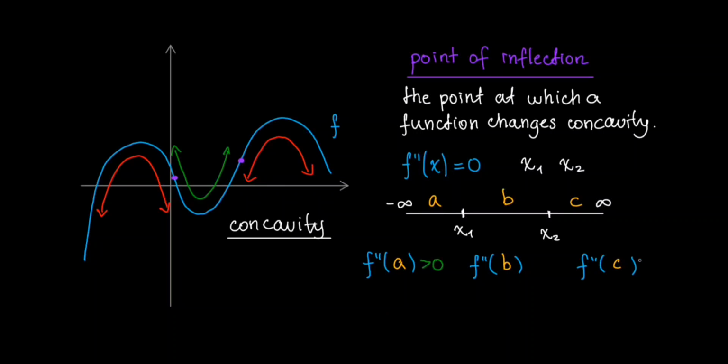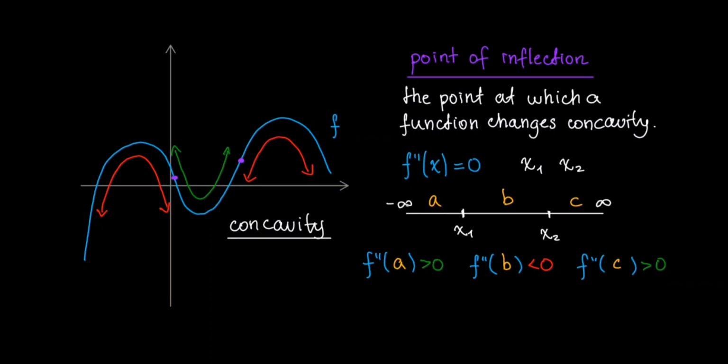F second derivative of A is greater than 0, F second derivative of C is also greater than 0, however, F second derivative of B is less than 0. In other words, positive, negative, and positive. If the value is positive, that means the interval at which the function exists is concave up.